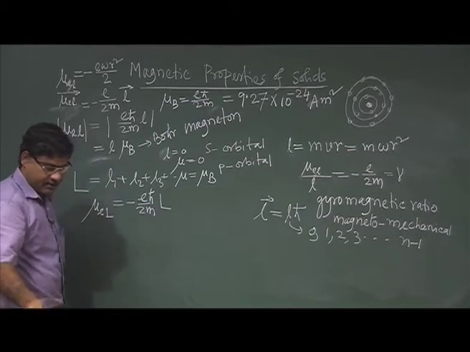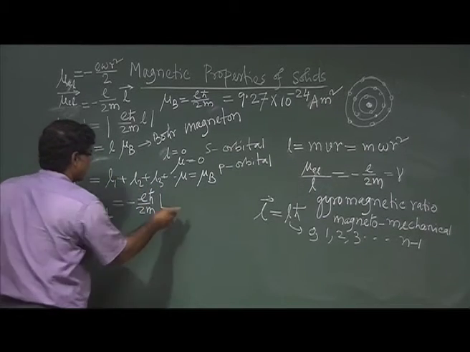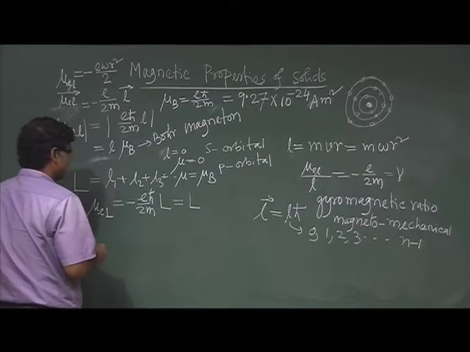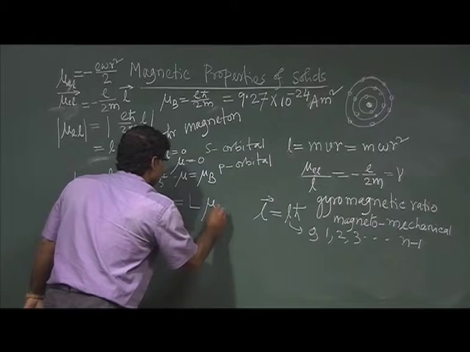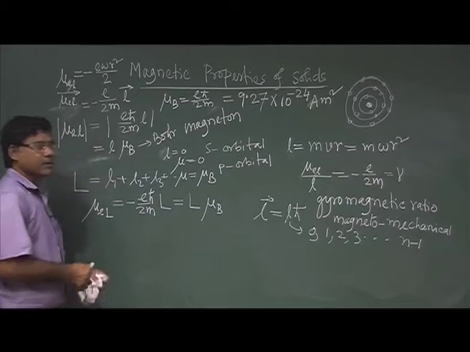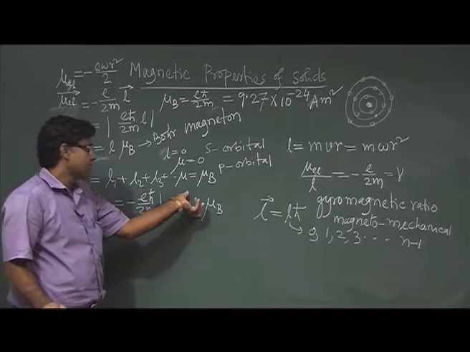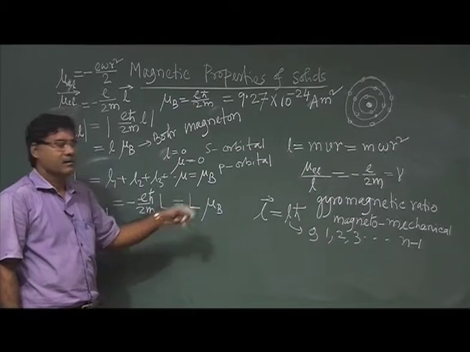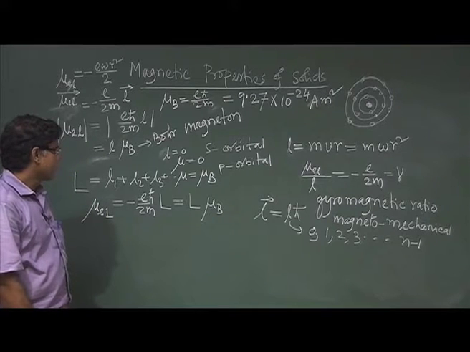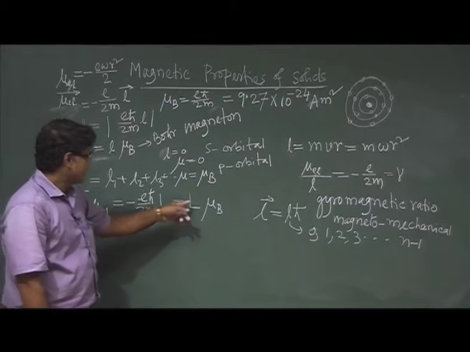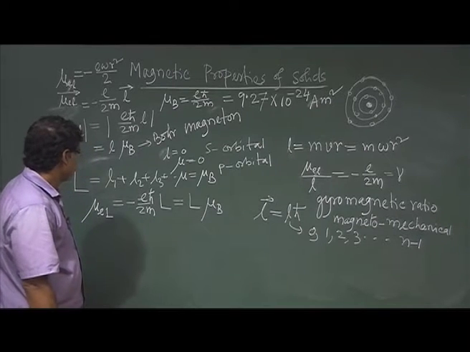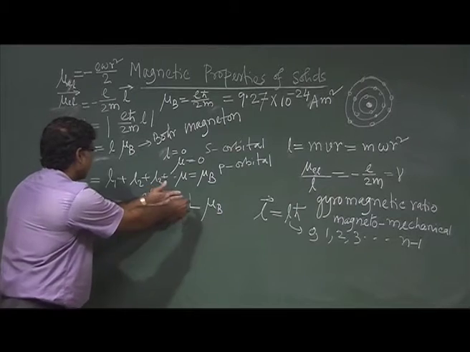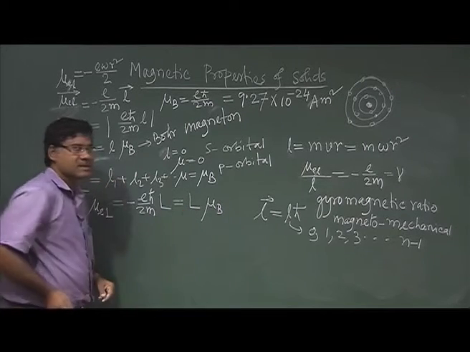So, basically that will be equal to capital L μB, okay, capital L μB. So, one has to find out this resultant angular momentum L, right, and this L, as I mentioned, one can get from the vector model taking the sum of them.